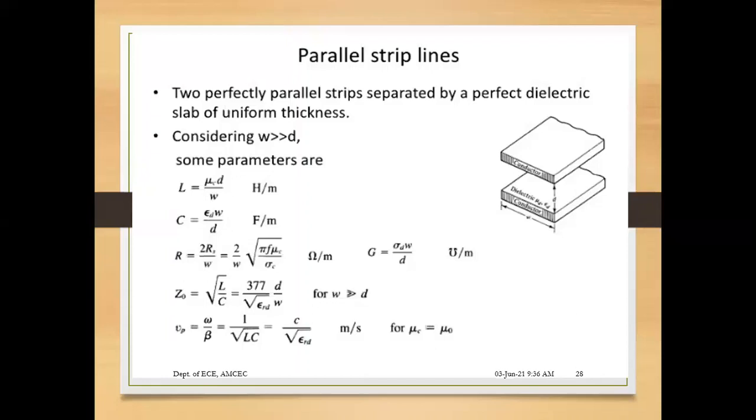Now, considering the same transverse electromagnetic mode, which is propagating in the positive Z direction, you will consider the lossless strip line. Lossless means the condition is R, that is your resistance, and conductance G will be equal to 0. We have studied in module 1, transmission line. If it is a lossless medium, the resistance and the conductance both are equal to 0.